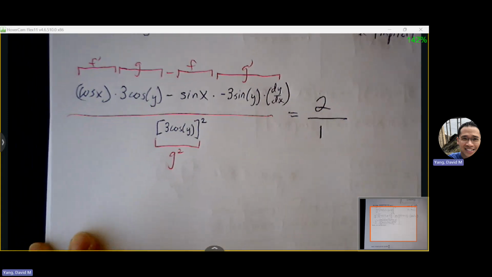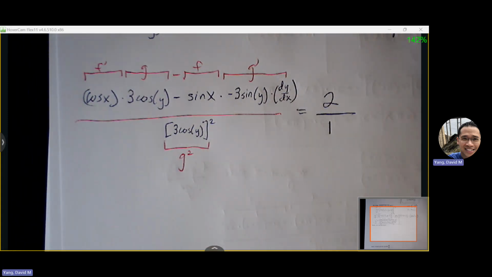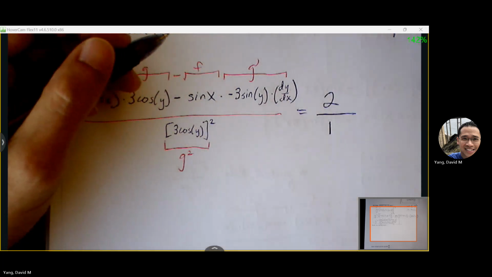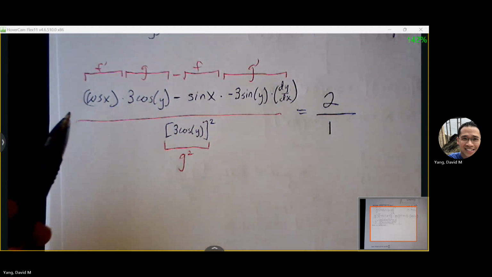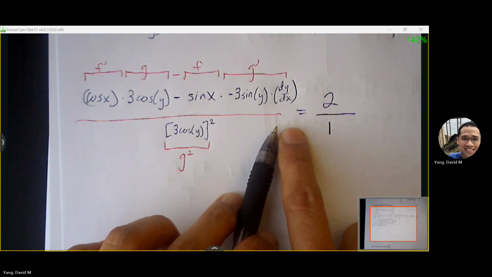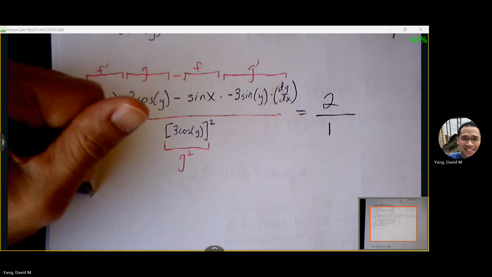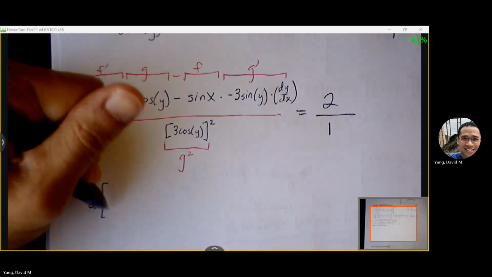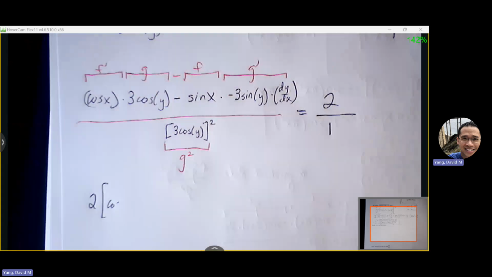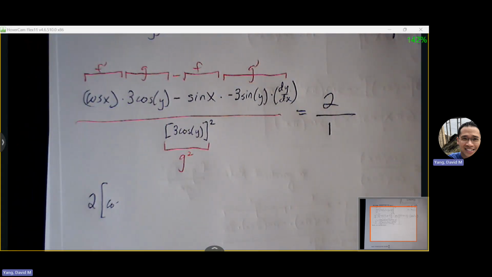If I can cross multiply, at least I can get my denominators out of the way, and then I can begin to add and subtract. That can help me isolate that dy dx. All right, so I'll cross multiply here. Oops, sorry, it's 1 here, 2.